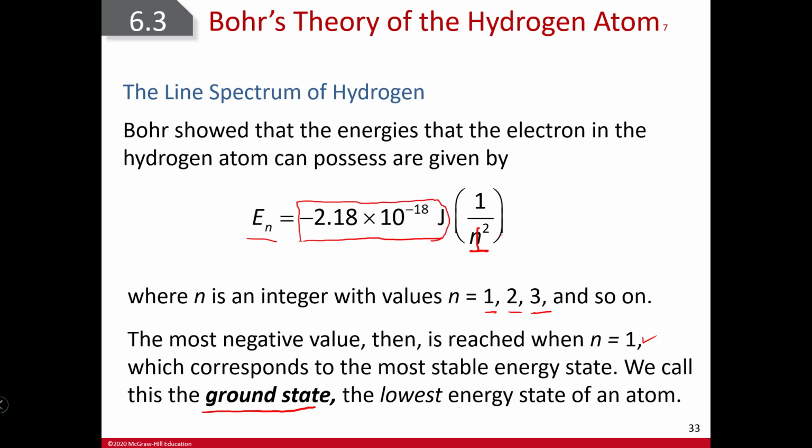As n increases, the fraction gets smaller, and multiplying a smaller number times this gives a smaller magnitude. So the most negative value, the most stable, is at the lowest energy level, the lowest n value.